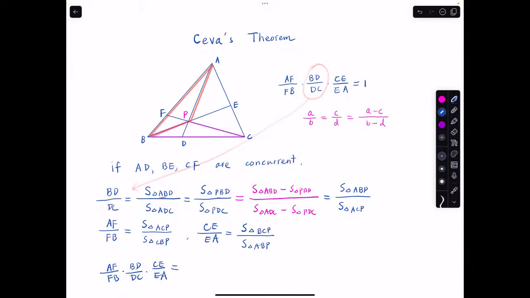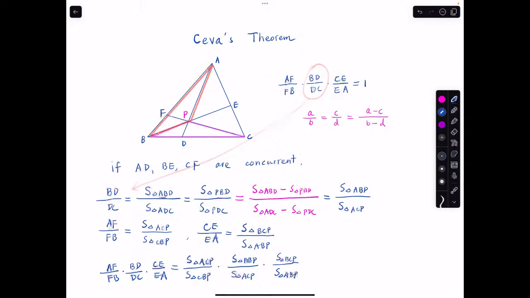So here would be the area of ACP over the area of CBP, times the second one, which is going to be the area of ABP over the area of ACP, and finally the area of BCP over the area of ABP.